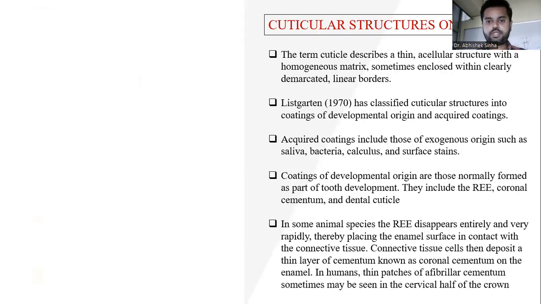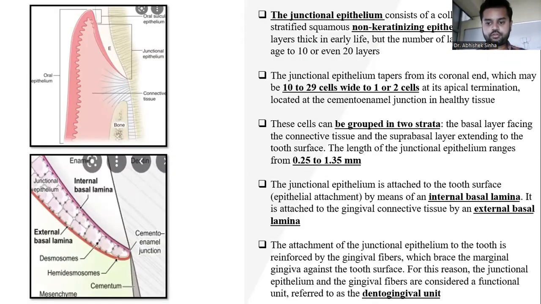Then dentogingival unit is very important. The attachment of junctional epithelium to the tooth is reinforced by gingival fibers. Reinforced, what do you mean by reinforced? It is recapitulated, made more strong. When you come to clinics, you will come across terms like reinforcing oral hygiene instructions.